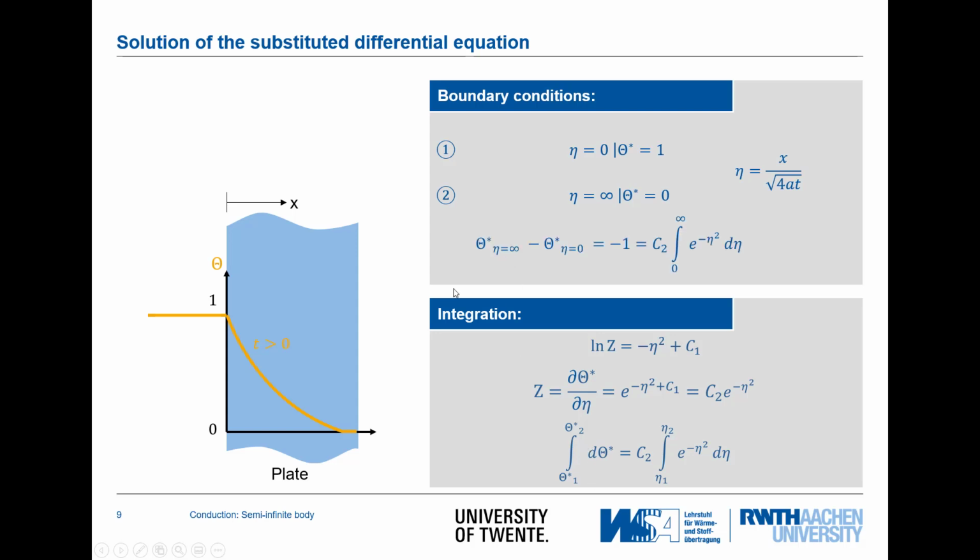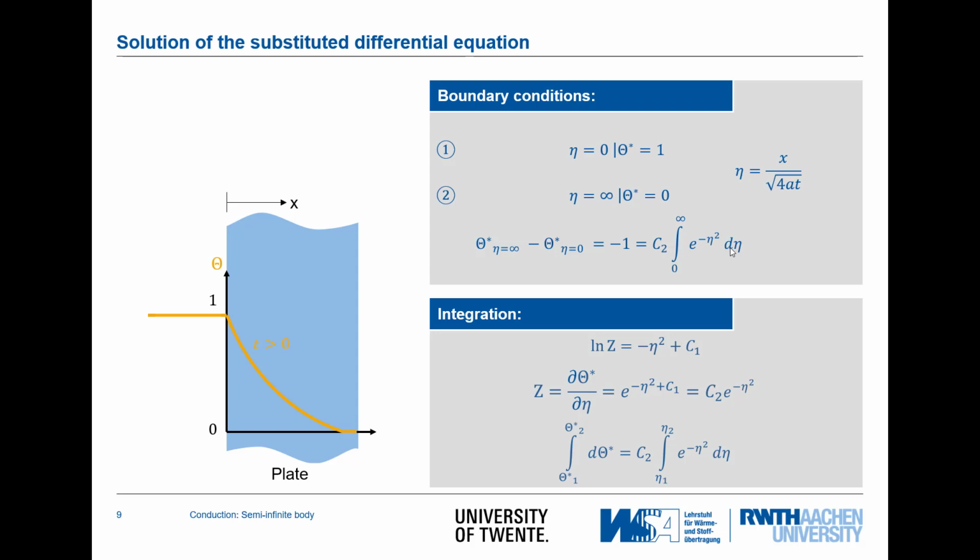On the left hand side it's easy. It's just the integration of 1 d theta star, and so we have the difference between the two dimensionless temperatures. And on the right side we have to integrate from 0 to infinity the exponent of minus eta squared d eta. This is a little bit more complex.